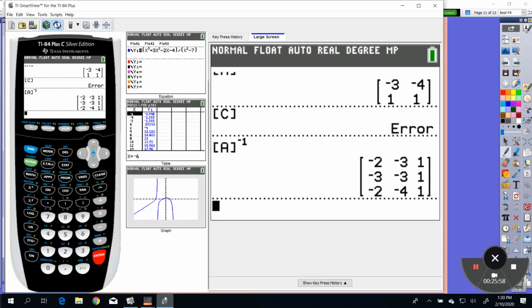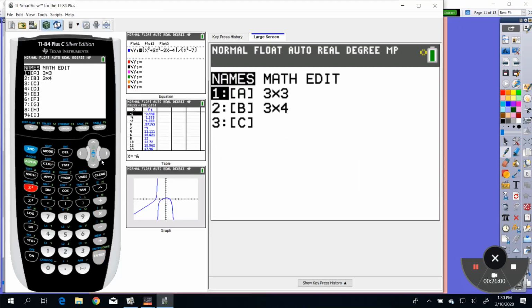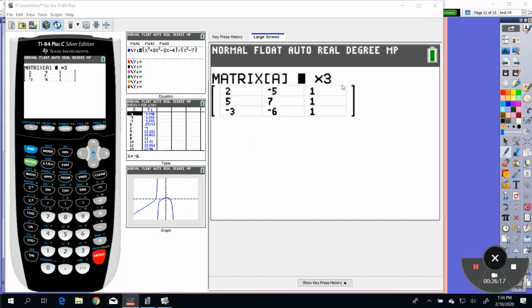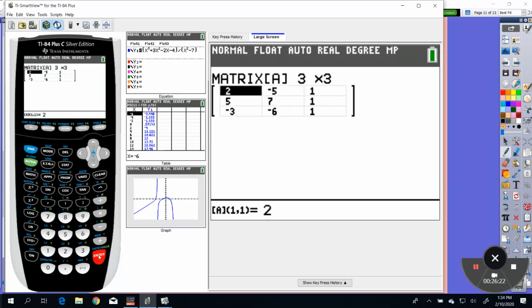So I go to my calculator, second matrix A, edit to 3 by 3. Come on, calculator. It froze on me. Okay, so we're to our 3 by 3 matrix. We're going to edit.